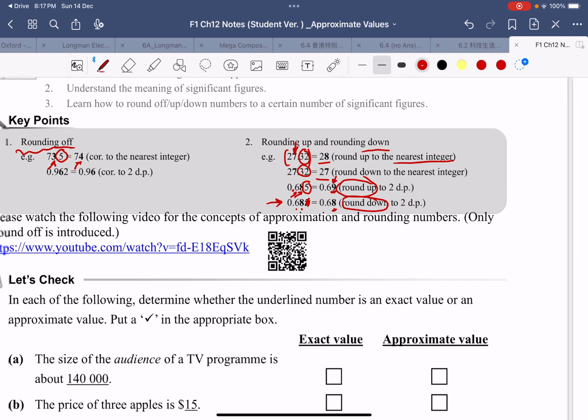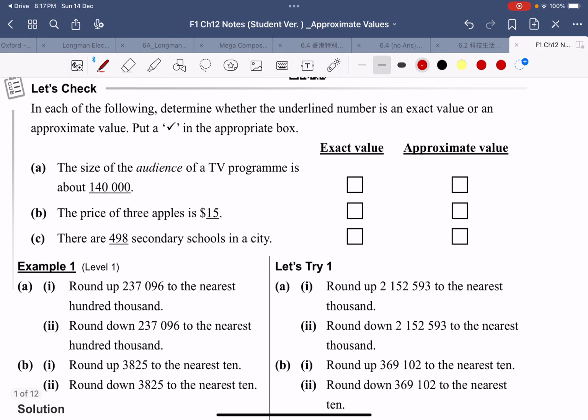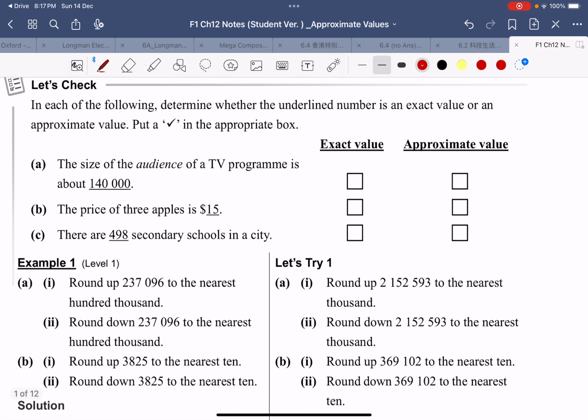Alright, so this is the introduction. Let's check the exercise here. The size of the audience of a TV program is about this number. If I say it is about this number, I mean an approximate value.